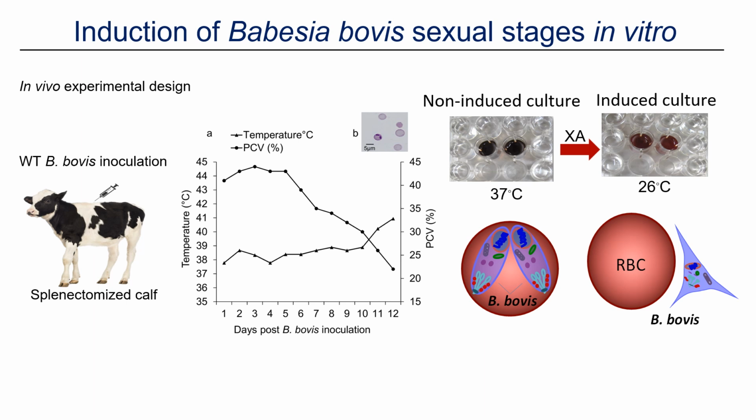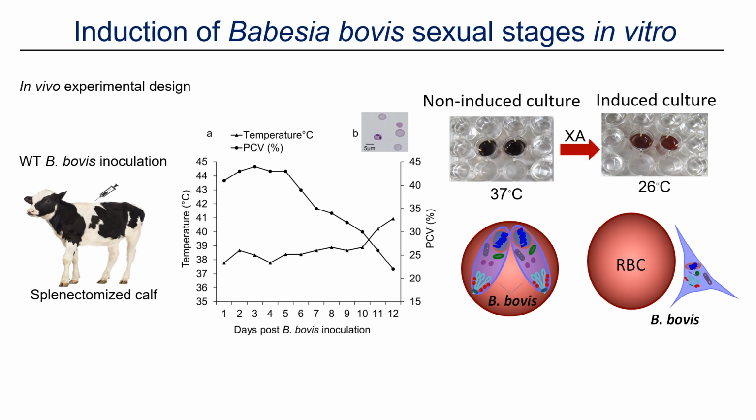In order to describe sexual stage development and signaling events of Babesia sexual stages during fertilization, an in vitro induction system for Babesia bovis sexual stages was used. Short-term Babesia cultures recovered from an acutely infected animal were used to induce gametocytes in vitro.